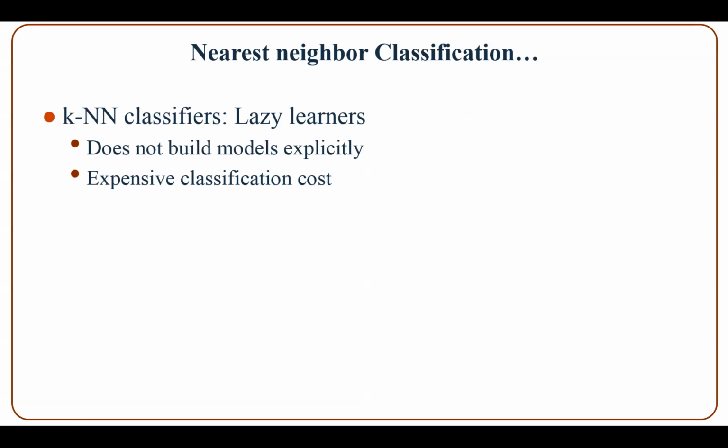The k nearest neighbor classifier is a lazy learner, and it does not build a model explicitly, and it has an expensive cost for classifying instances.